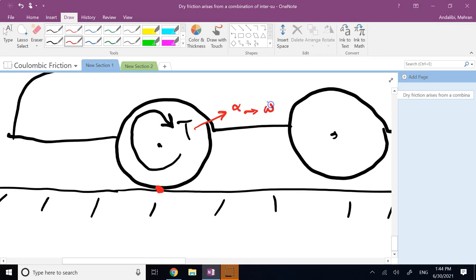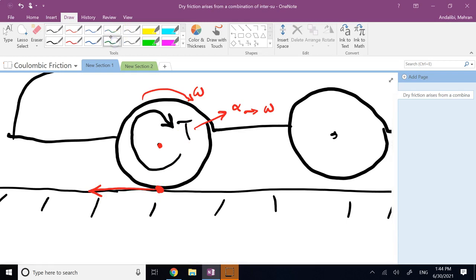Angular velocity. So this guy is going to start rotating in the clockwise direction. As it does, and in the beginning, since the center is stationary, because of the clockwise rotation, your contact point tries to move what? To the left with respect to the surface.